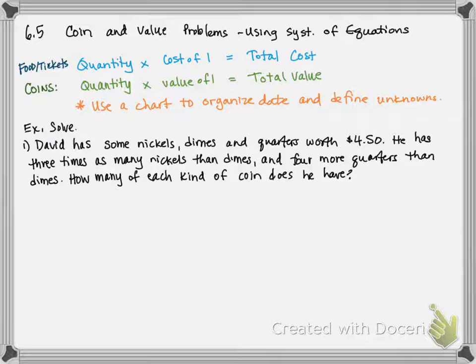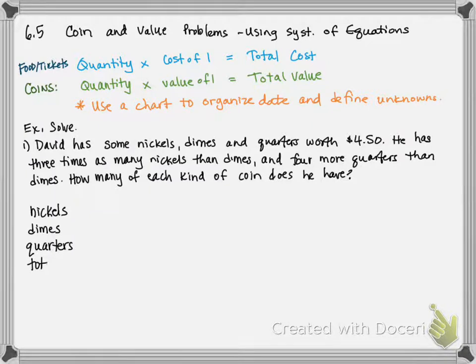And we're going to go ahead and create a table out of this. So vertically go the items, which are nickels, dimes, and quarters. I do have a pet peeve about nickels. For whatever reason, kids want to spell it like pickles, with L-E. Please don't do that. That annoys me, especially when it's written right there.